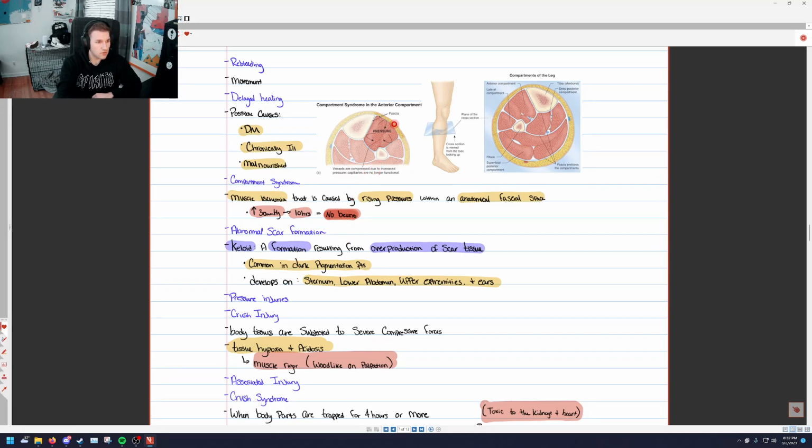What they might have to do in a hospital setting is actually take a scalpel and cut into the leg and do a fasciotomy. These little compartments are actually referred to as fascia, excuse me, the fascia is what encloses the compartment. So they'll come in and actually do a little incision.